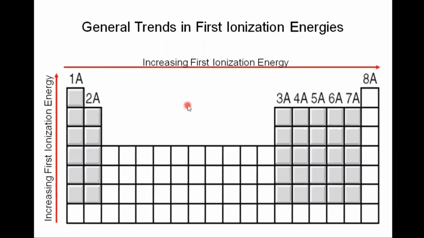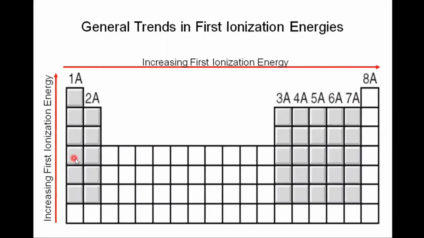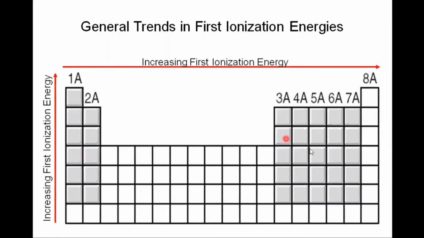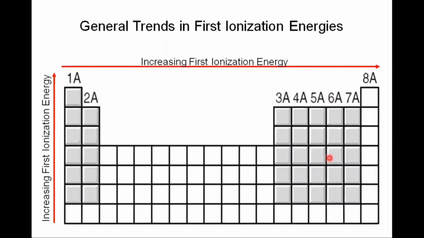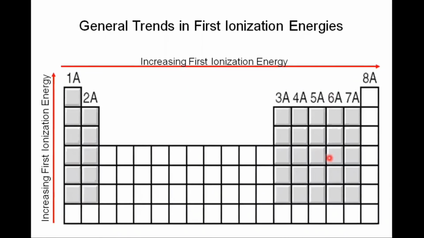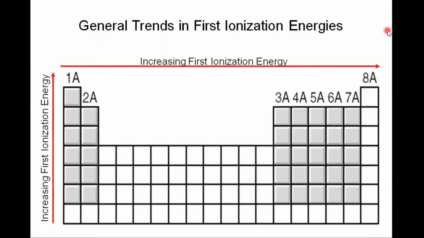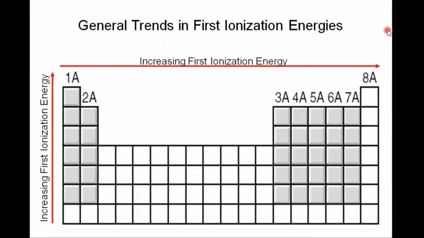So you can also say that metals have low ionization energy and non-metals have high first ionization energy. So this is all about ionization energy, its trend and its irregularity.